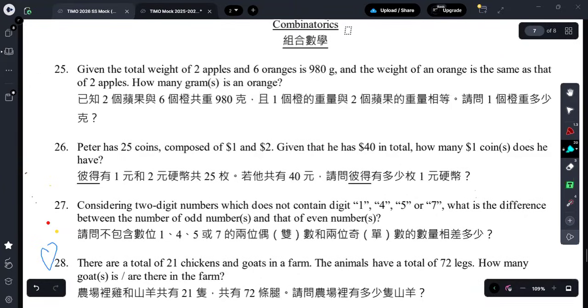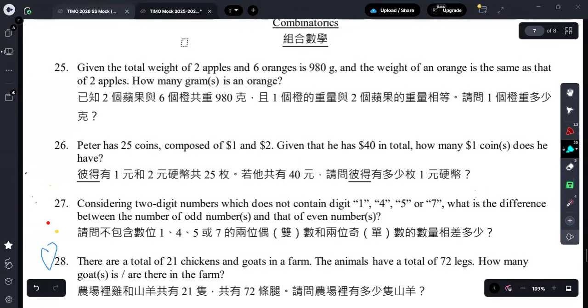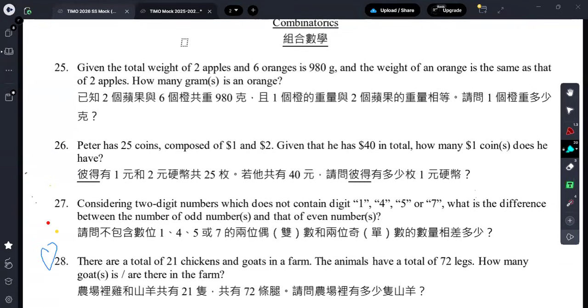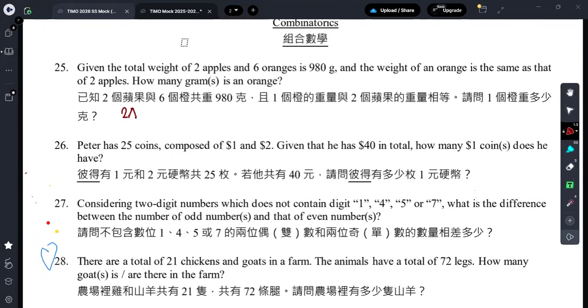Okay, number 25. Given a total weight of 2 apples and 6 oranges is 980 grams, and the weight of an orange is the same as the 2 apples. So how many grams is an orange? So we have 2 apples plus 6 oranges.